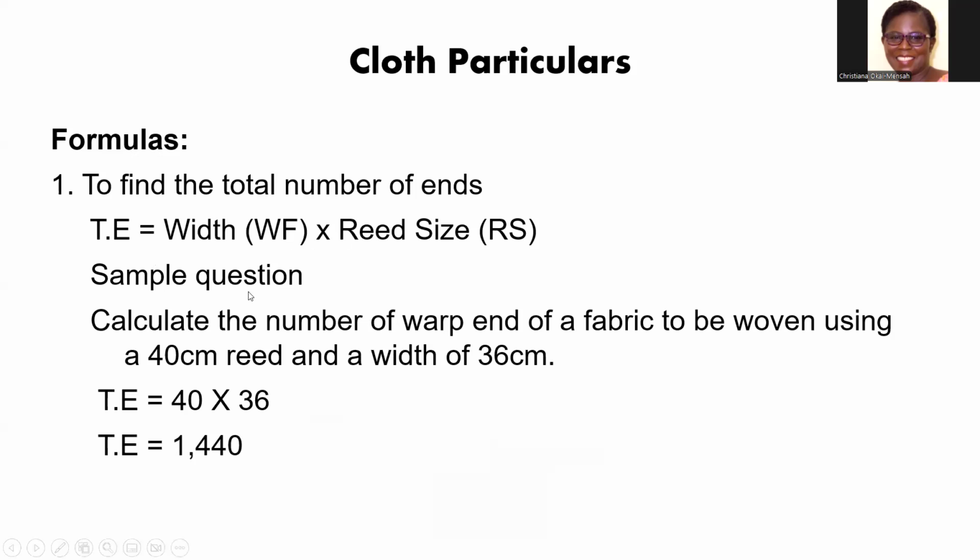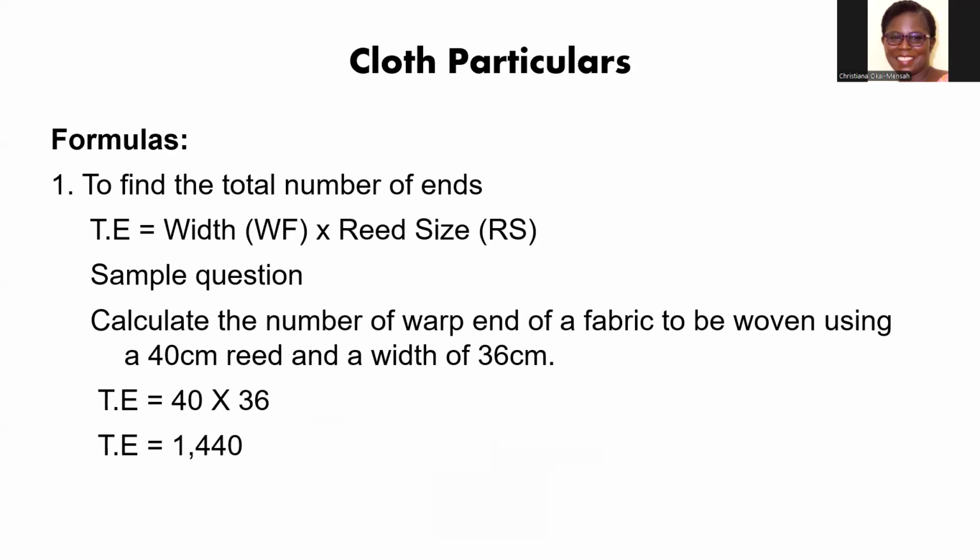So let's see a sample question that we can meet. Calculate the number of warp ends of a fabric to be woven using a 40 centimeter reed and a width of 36 centimeters. So you are using a 40 centimeter reed.